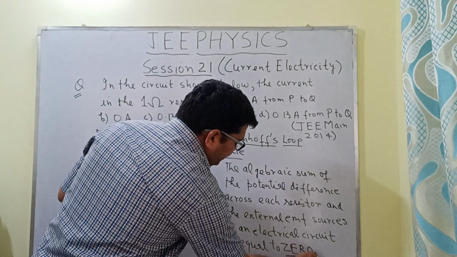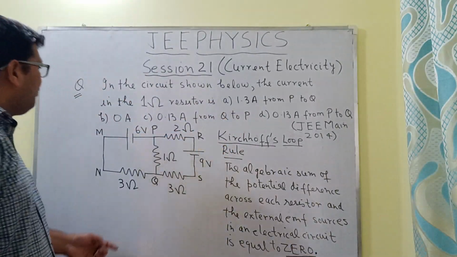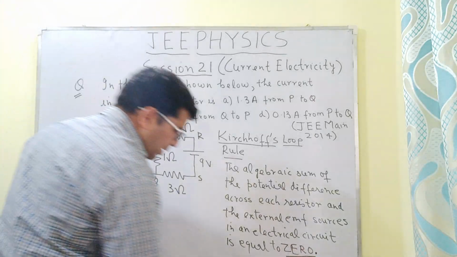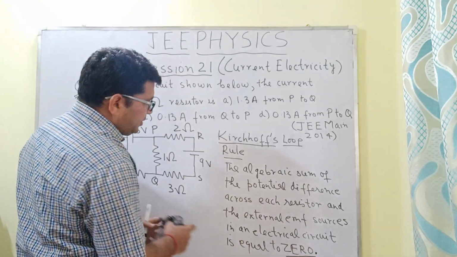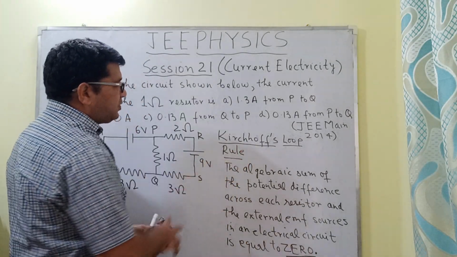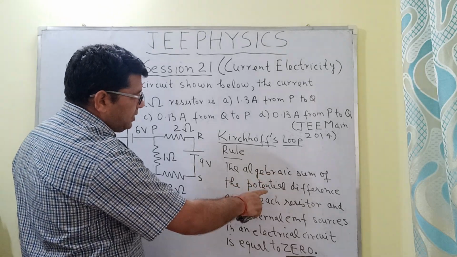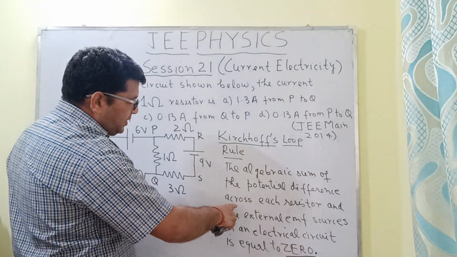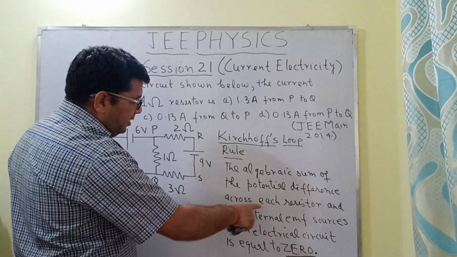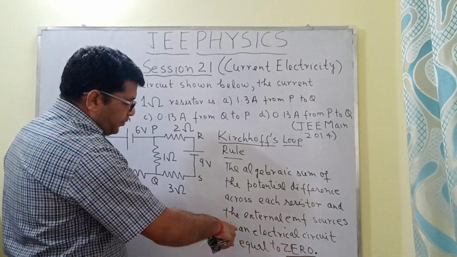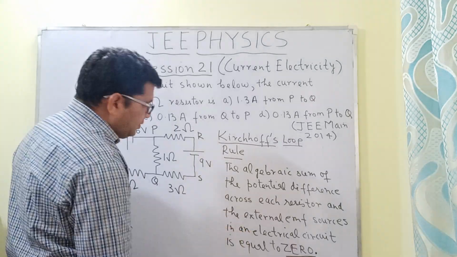With the help of this loop rule, we will be able to find the current which is flowing in the 1 ohm resistor. So this is the definition of Kirchhoff's loop rule.